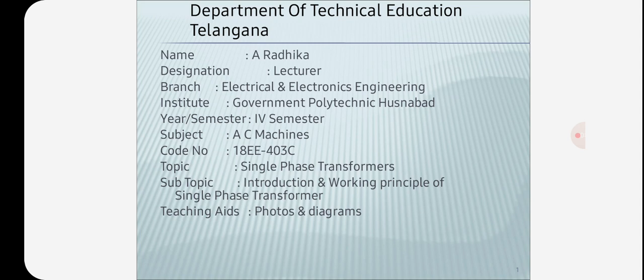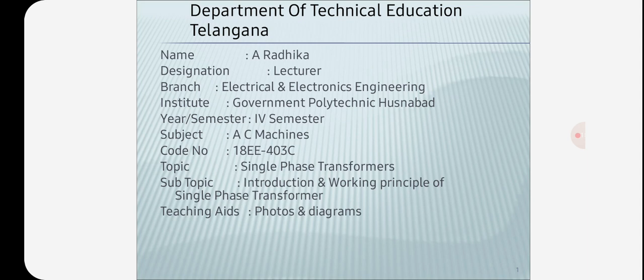So today first we go for fundamentals of single phase transformers. These transformers are very important in the electrical department because we use them in power generation plants, and also in distribution centers as step down transformers.